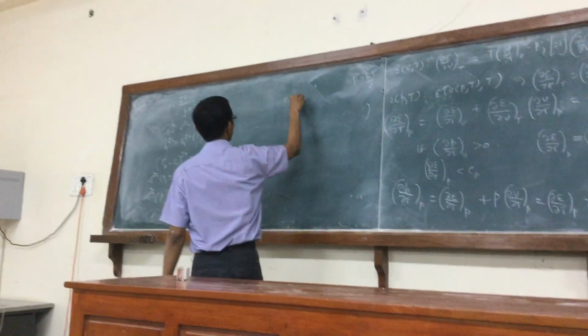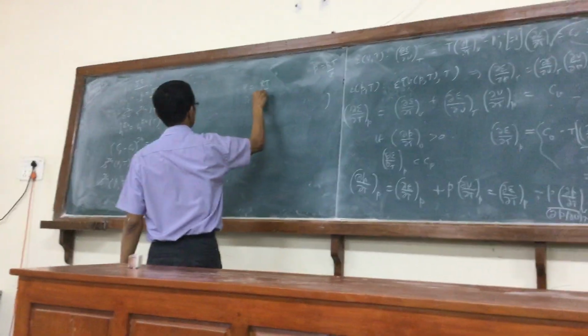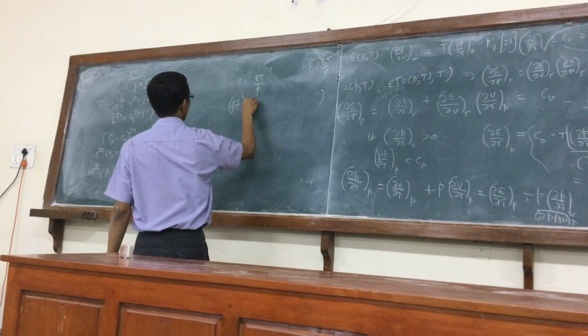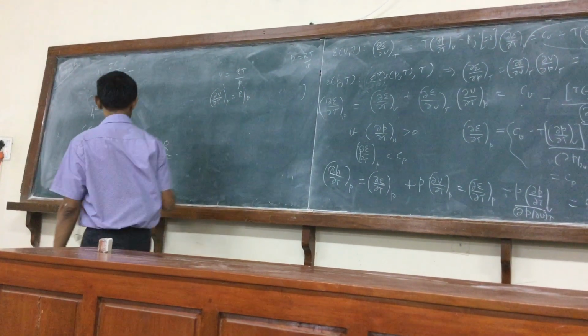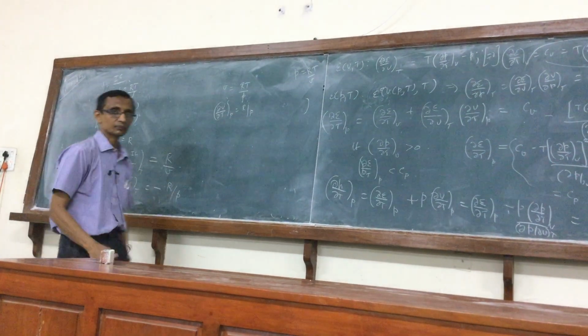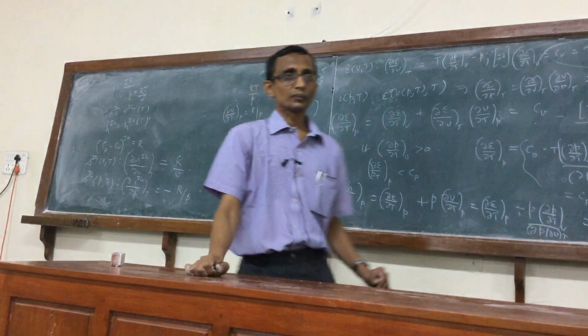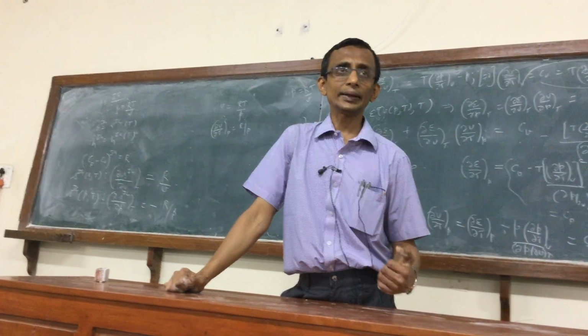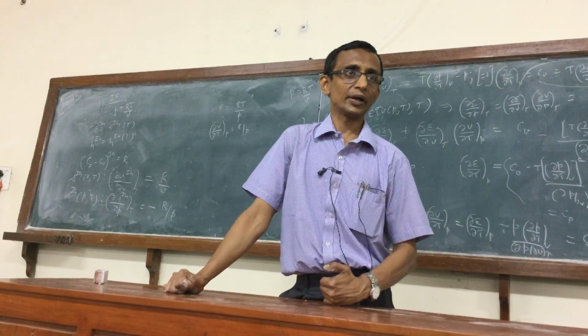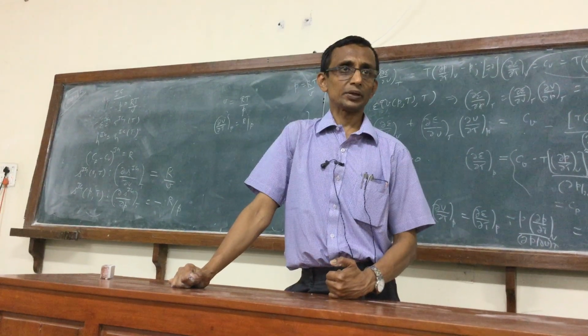V is RT by P, so dV by dT is R over P, and so minus R over P. Of course, dS ig by dT at constant pressure is simply Cp of the ideal gas divided by temperature.